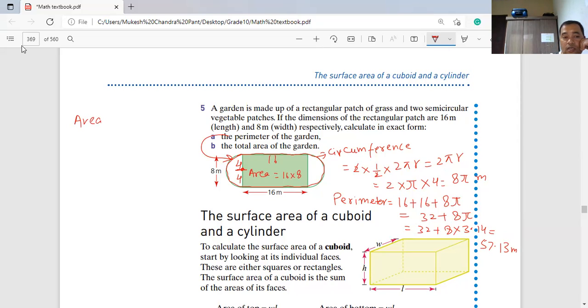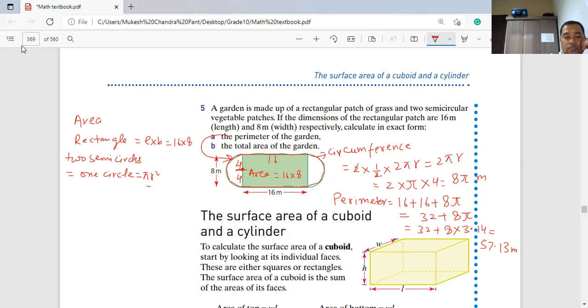We have a rectangle and two semicircles. Two semicircles make one circle. So area of rectangle means L into B, and the circle is pi r square. L into B means 16 into 8.